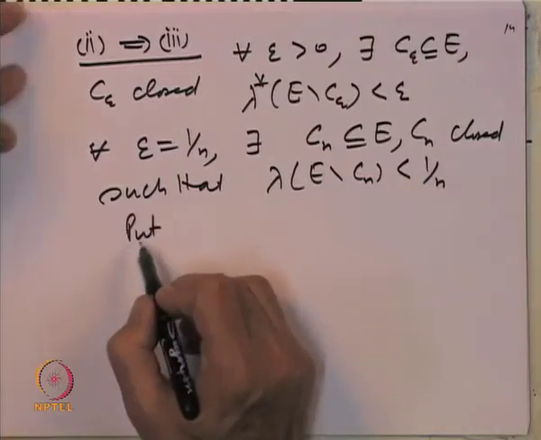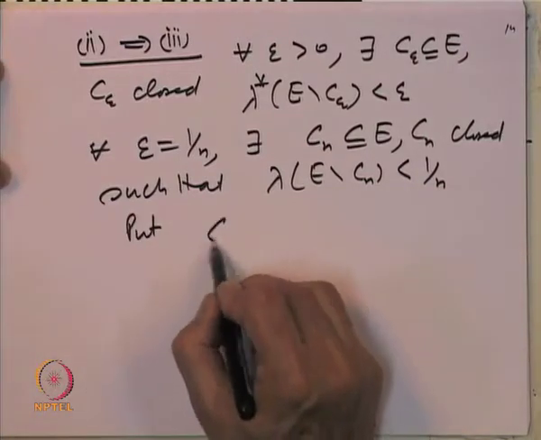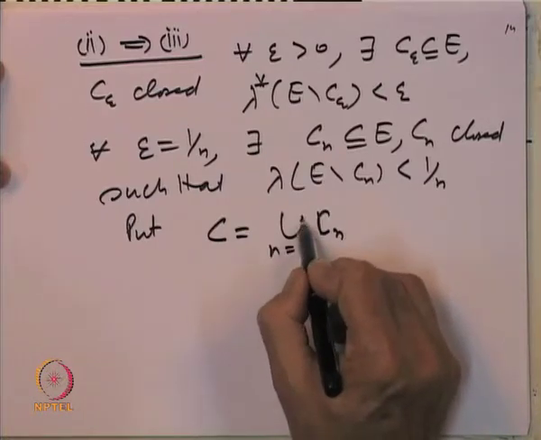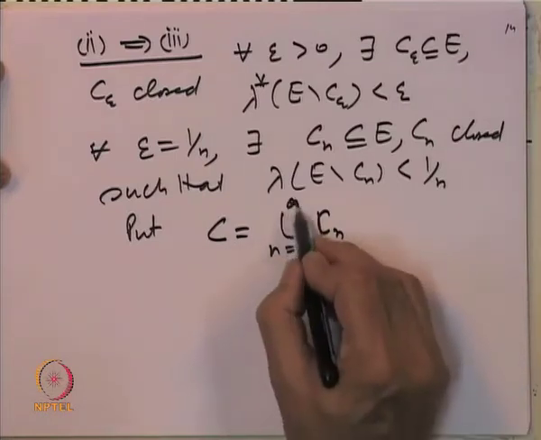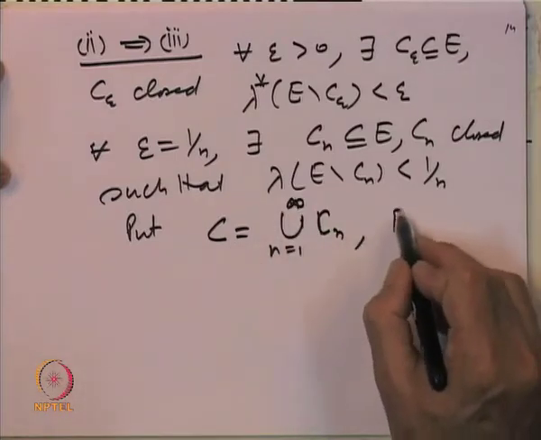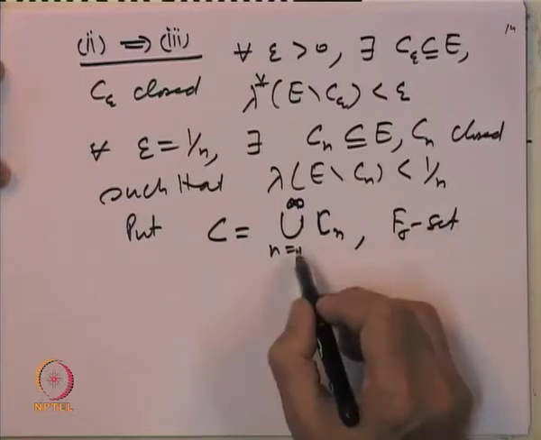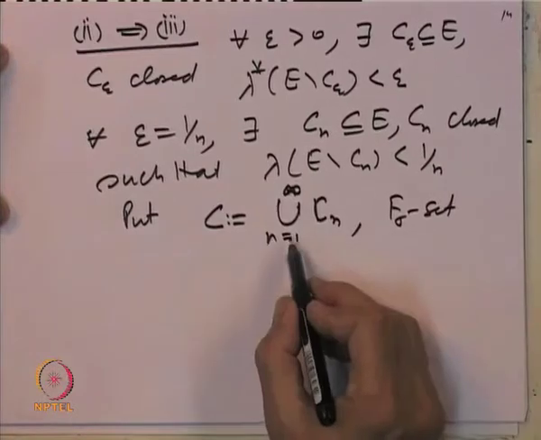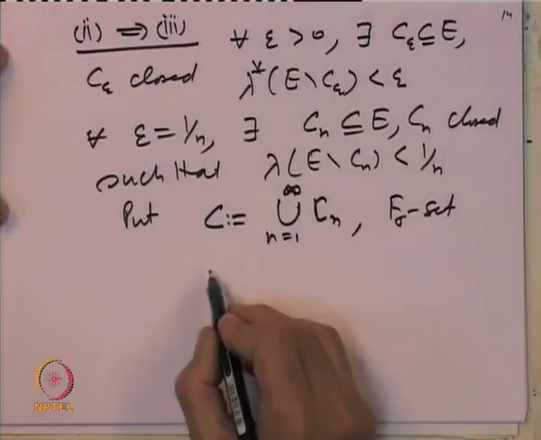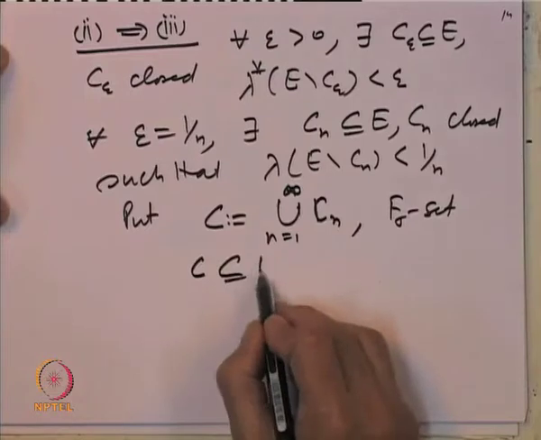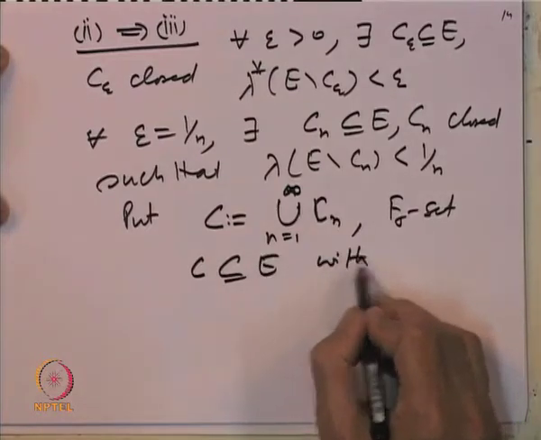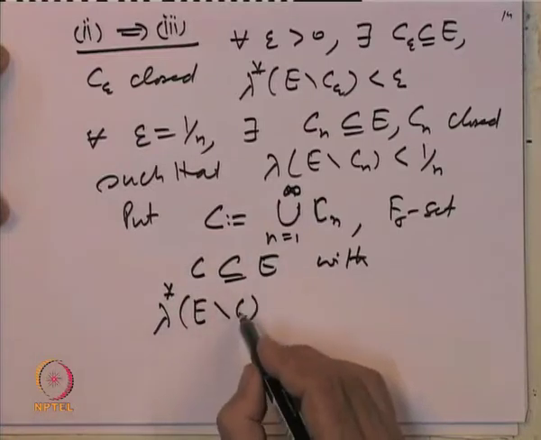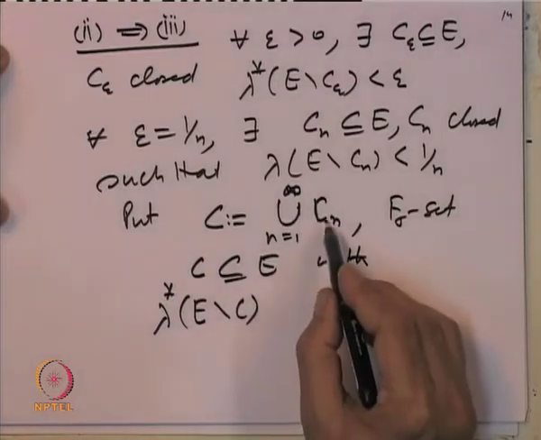So, the technique is the same. Put C equal to the union of these sets C n, n from 1 to infinity. So, this is an F sigma set, because it is a countable union of closed sets, and each C n is inside E. So, this set C is also inside E with the property that lambda star of E minus C, where C is the union of all the C n's.